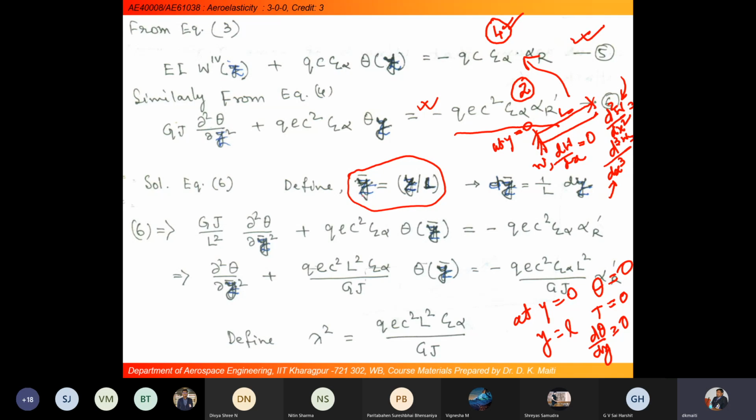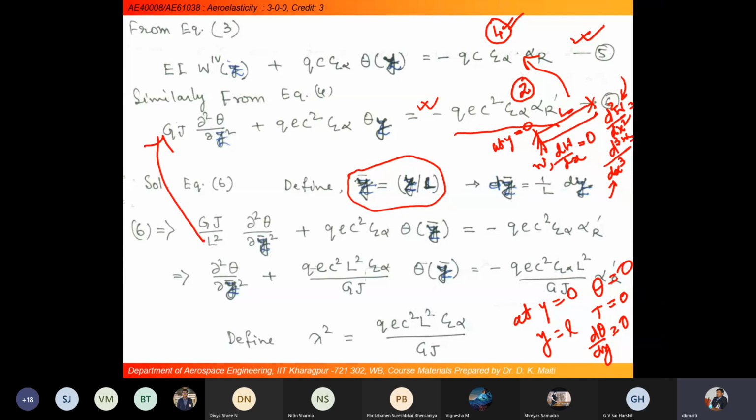If I take the derivative, dy bar equal to 1 by L dy.